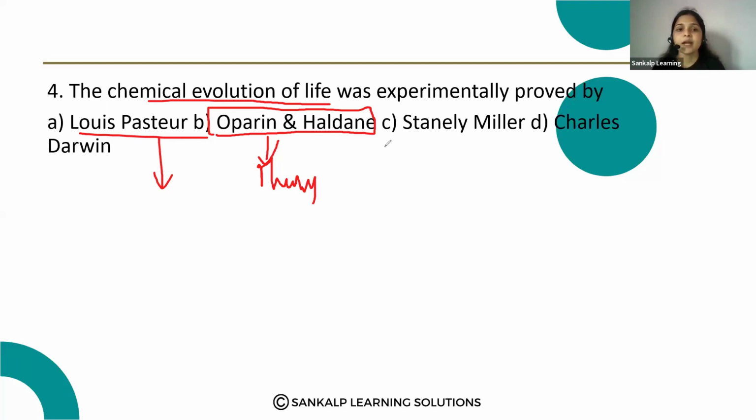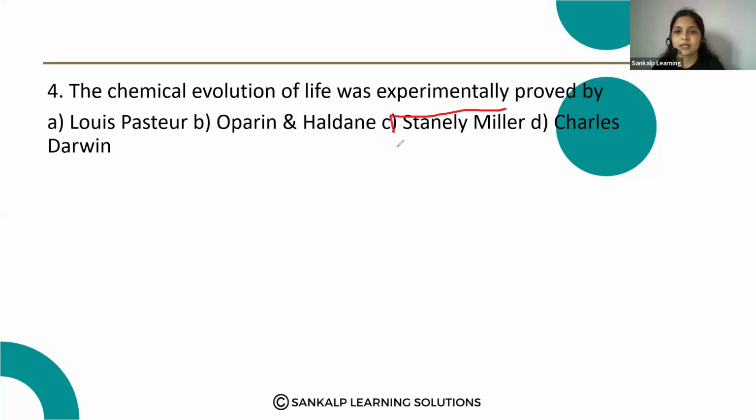And Charles Darwin's experiments were related to evolution, not chemical evolution. Here, the correct answer is Stanley Miller. The Stanley Miller experiment is related to the chemical evolution of life, which was experimentally proved by the Stanley Miller experiment. Option C is the correct answer.